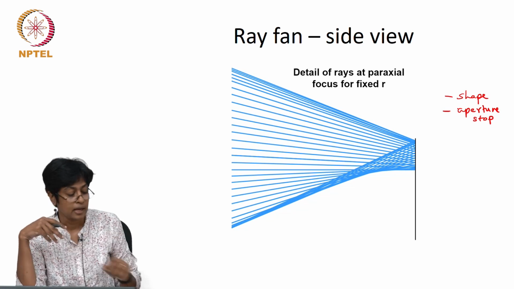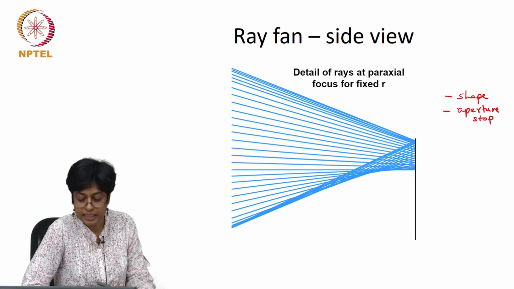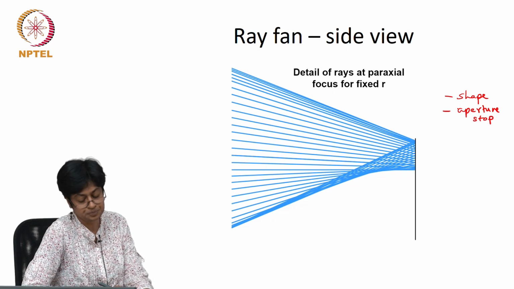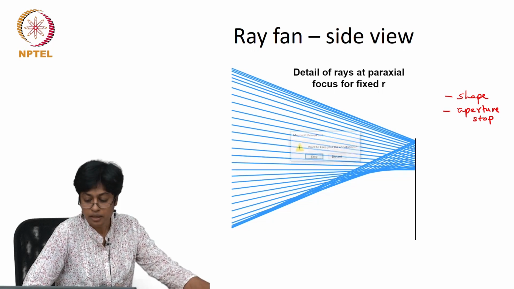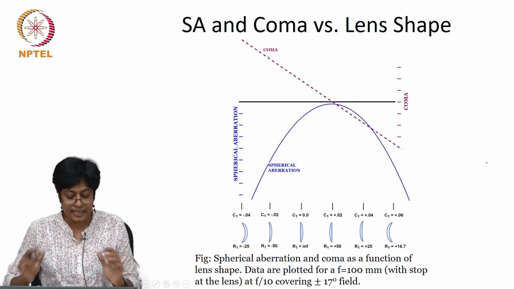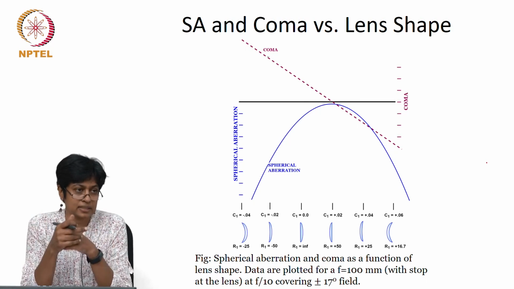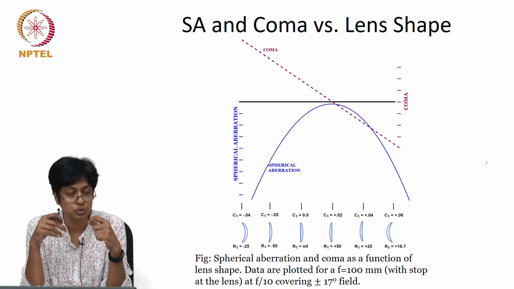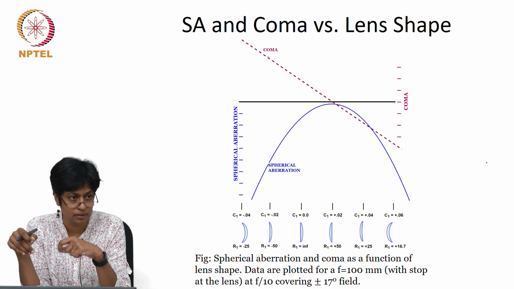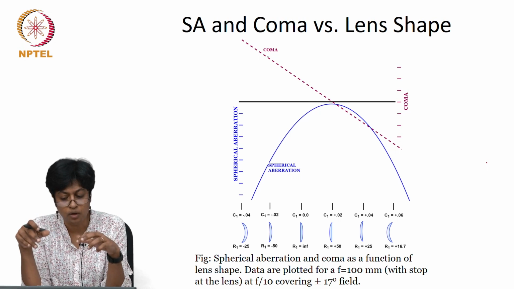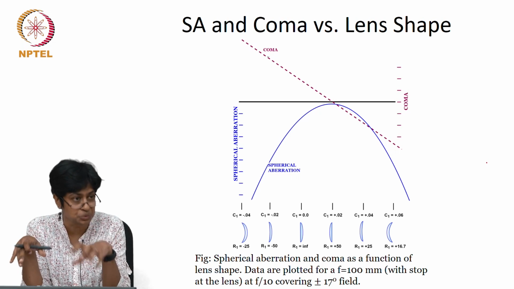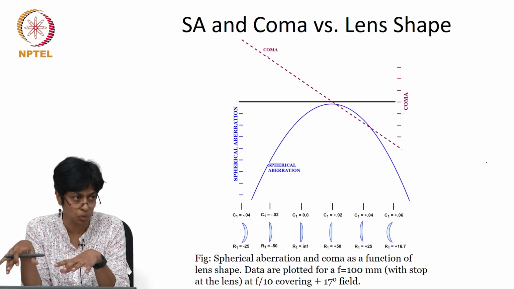Okay. I don't think I'll have time to go to the third aberration today. So today's lab exercise is for you to understand aberrations better and to see also how you can correct aberrations. So we are only looking in this graph at two aberrations, spherical aberration and coma.